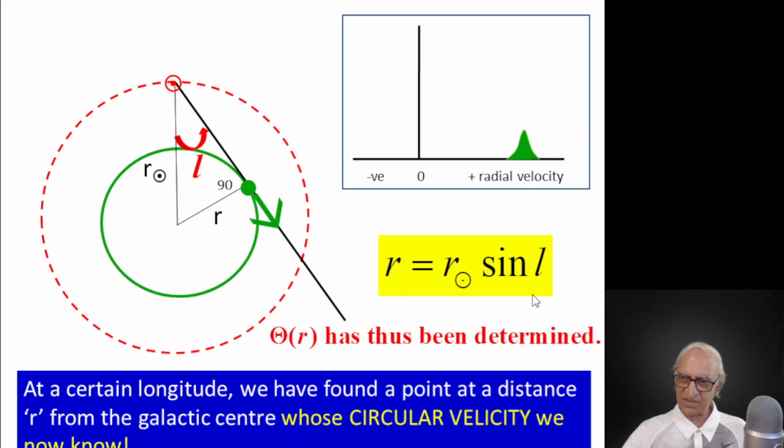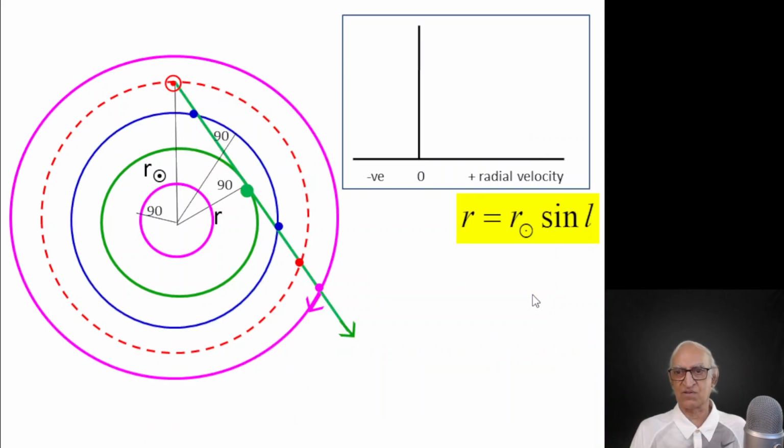Now let's go and look at all the clouds that we saw in this longitude L. There were the two blue clouds on the blue circle. First of all, the red cloud on the solar circle will have zero velocity. Then the magenta cloud on the circle outside the solar circle will have negative radial velocity.